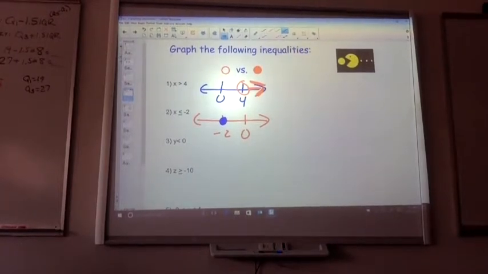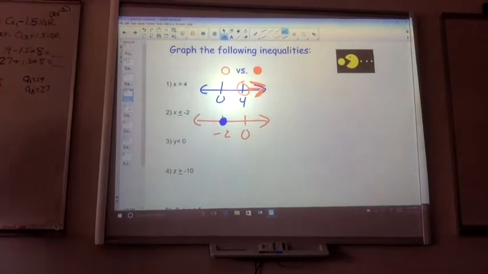Smaller. That says x is less than or equal to -2. So or equal to is because it's a solid dot. Values that are smaller. So what's a value smaller than -2? -3, and -4, and -5, and -6. Correct? So that means I want these values.